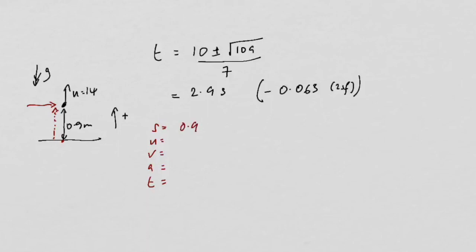The time it would take to get to that 0.9 meters would have been 0.063. Its final velocity would have been 14, and these are all positive because we're still taking up as our positive direction, and a would be minus 9.8 again.